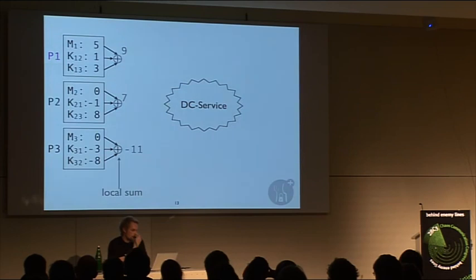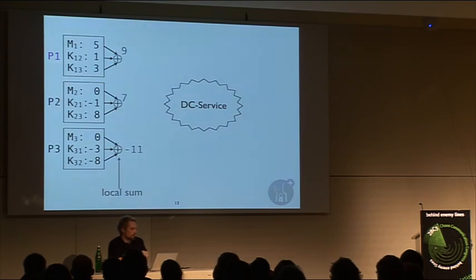And P1 is pink because he is allowed to send this round. You can see it indicated by the M1, it's message 1, which is 5. So he wants to submit a 5 in this round. And he has exchanged a key with participant number 2, which is 1, and he has exchanged a key with participant number 3, which is 3.